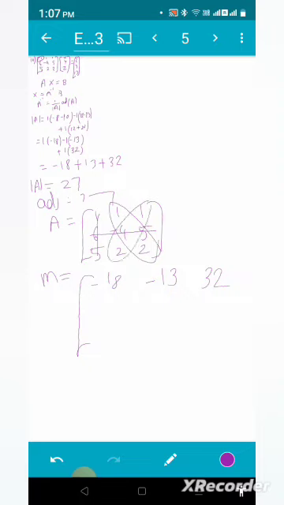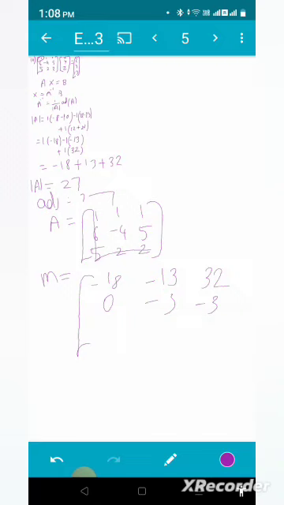Then the corresponding row and column get cancelled. 2 minus 2, that is 0. Similarly, the corresponding row and column get cancelled. 2 minus 5, that is minus 3. Similarly, 2 minus 5, I get minus 3. Here also minus 3.